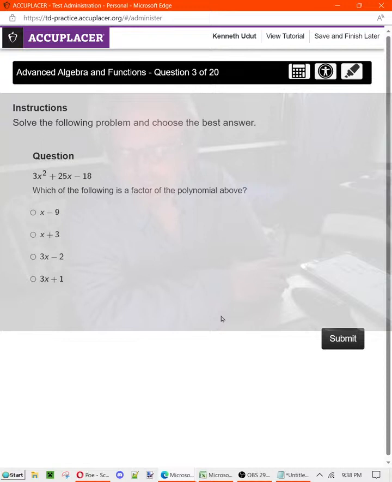So that there is 18x to the 0 power. I think it's either 3x minus 2 or x minus 9.